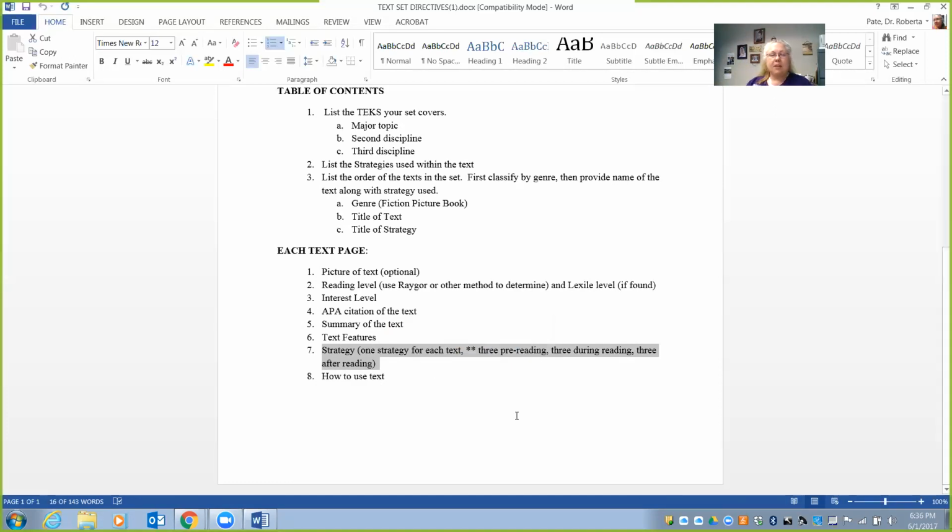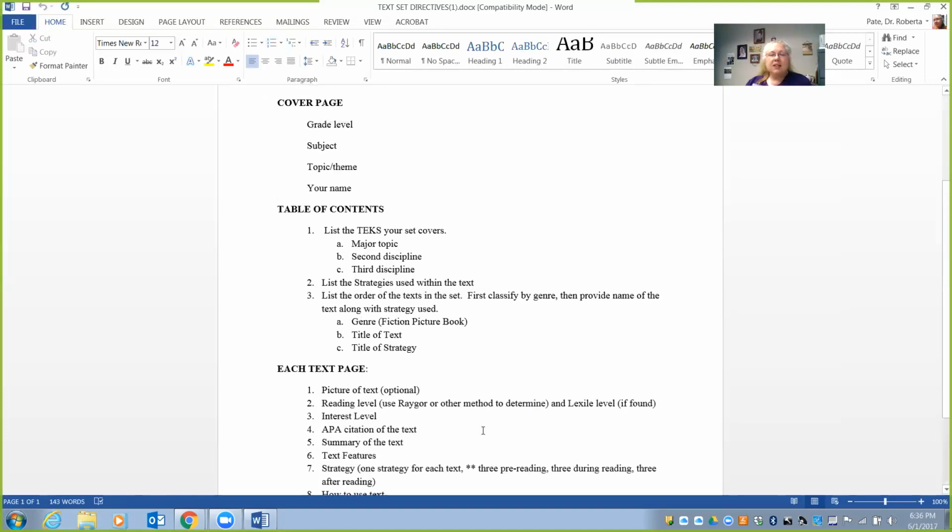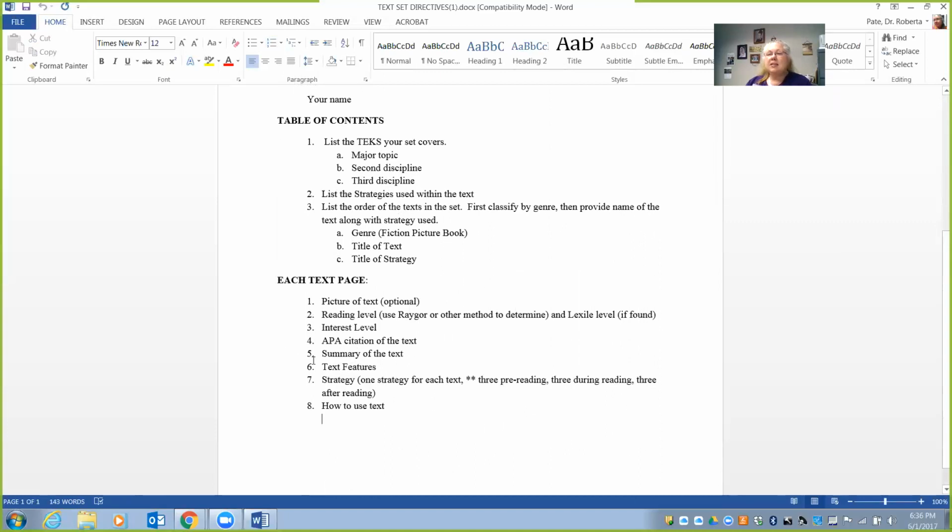Technically, it should take no less than one page for every collection. So if I have a textbook that I've given the APA and a quick summary, and the text features, and how I'm going to use the textbook for this unit and this collection, that would be about a page.